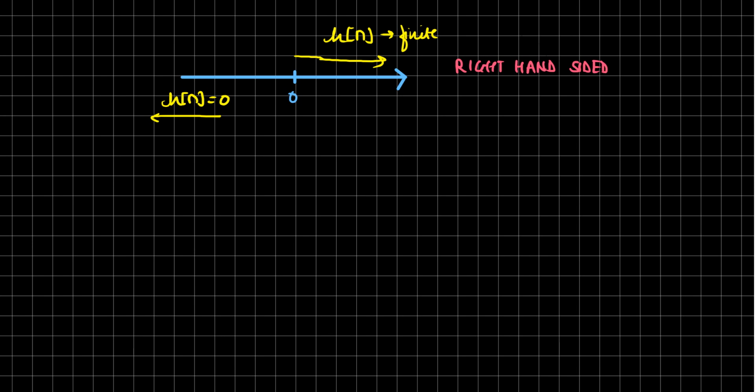And from the properties of region of convergence, we know that for a right hand sided signal, the region of convergence is exterior to the outermost pole. Now here we can make an important conclusion that for a causal system, the region of convergence must be exterior to the outermost pole.